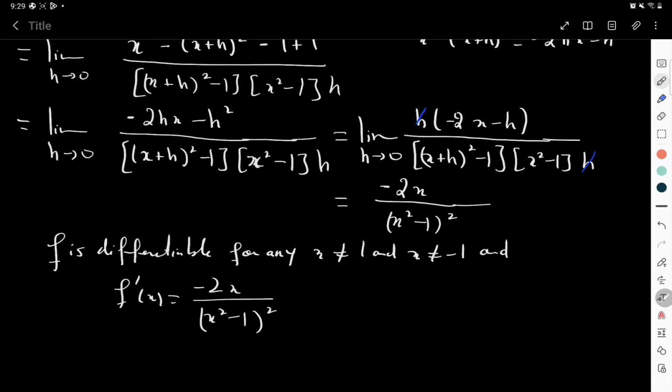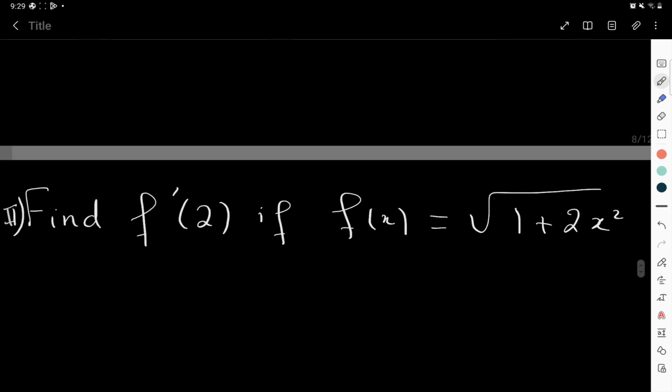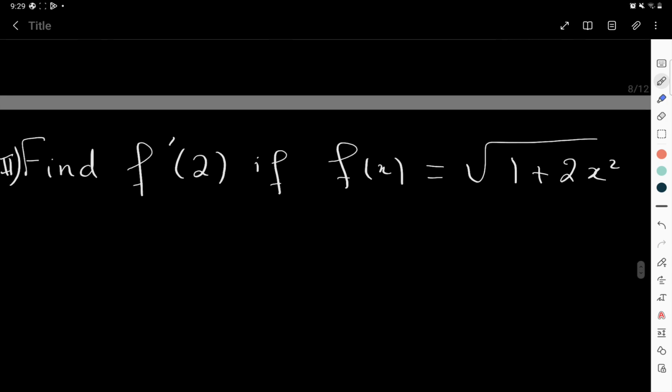That we can check by the quotient rule or by the reciprocal rule. The derivative of 1 over something is minus the derivative of that something over that something squared, which we can see that we got the right derivative here. Okay, awesome. Enough with the limit definition. Oh no, we have one more. Let's see. Well, this one is easier.